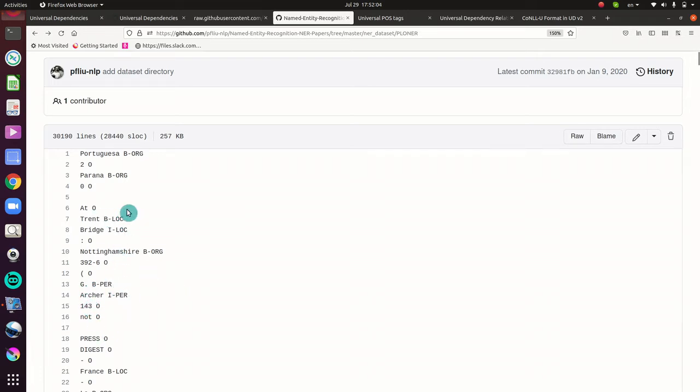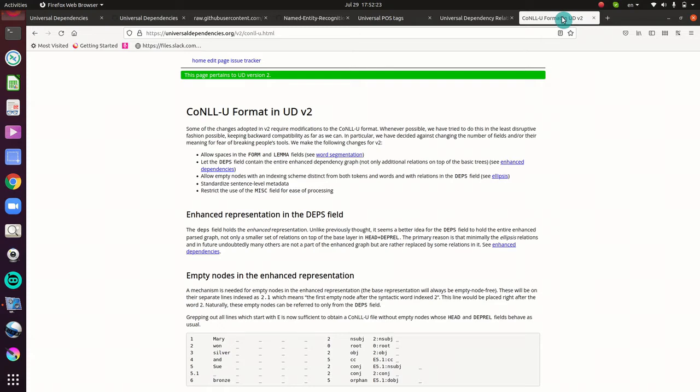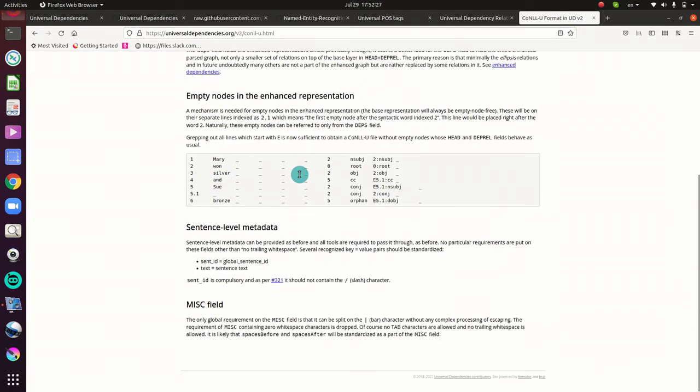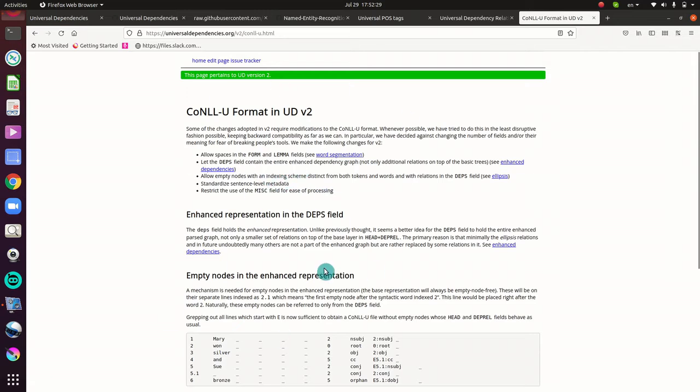These are NER labels, so O means this is not an entity at all. You can ignore B and I for now, but this is a location entity actually, organization and person. This is a NER dataset. You can get more information about this format on this page. It's again the Universal Dependencies CoNLL-U format page. I think there are just format specifications, what you can do and what you cannot do.